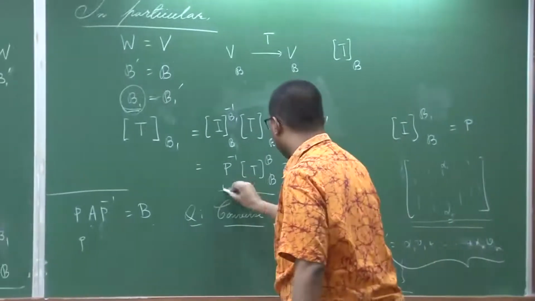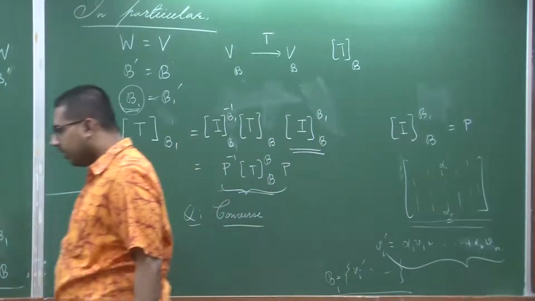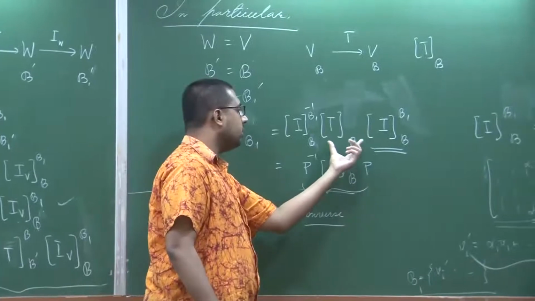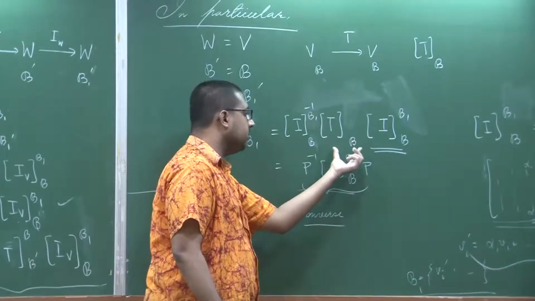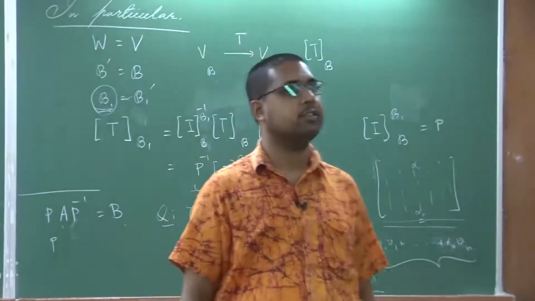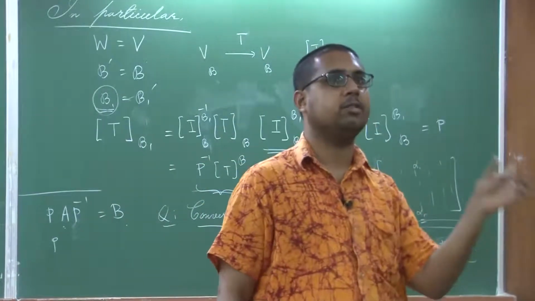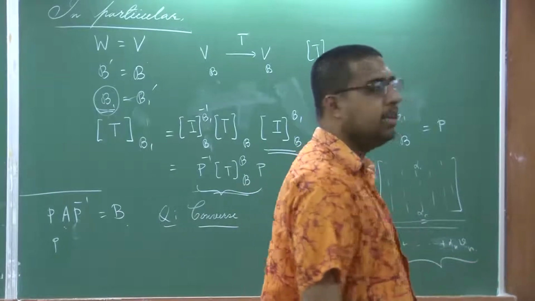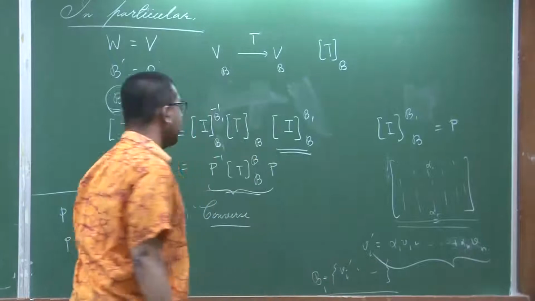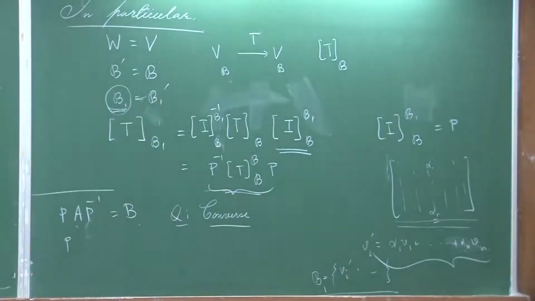So, therefore, all the matrices which are similar to TB are actually the matrix representations of the same linear map T with respect to some suitable ordered basis.